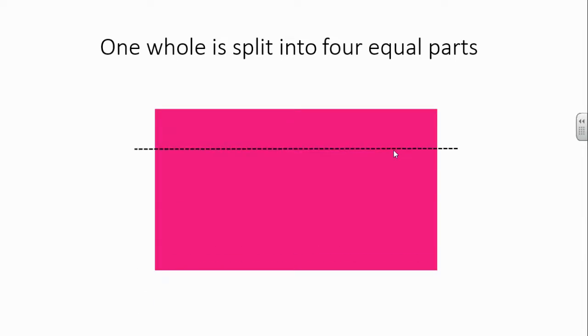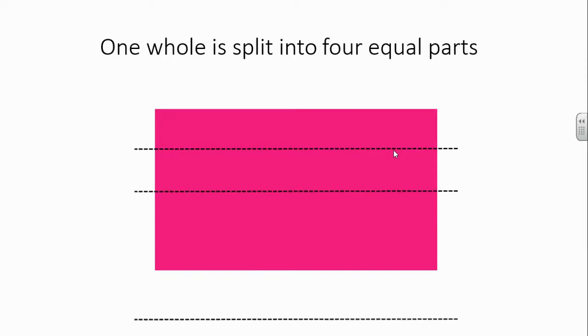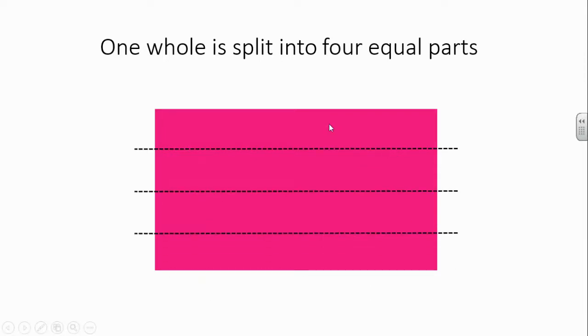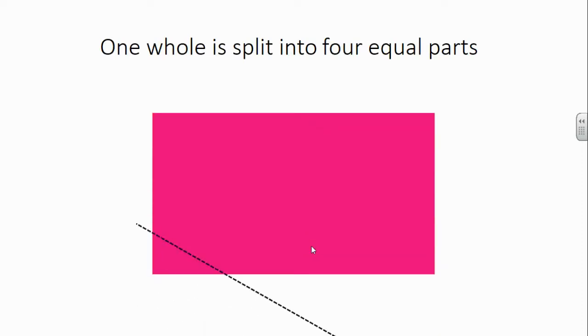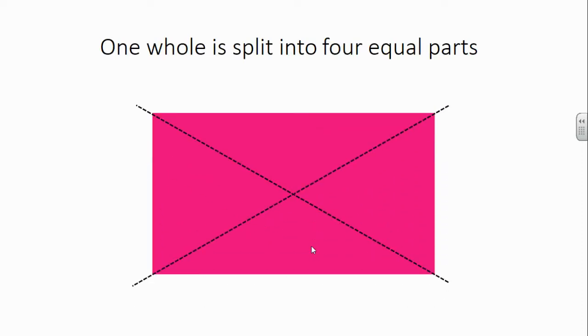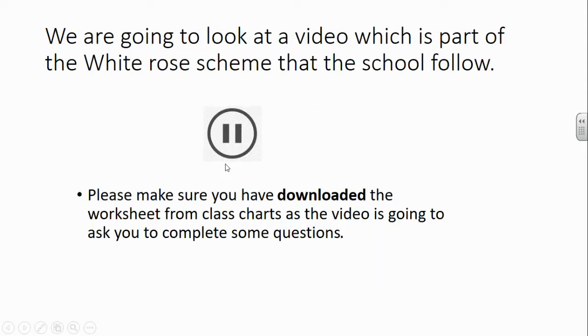This time round, I'm drawing it horizontally. I'm going to check if we've got 4 equal parts. 1, 2, 3, 4. Yes, we've got 4 equal parts. And finally, I draw it diagonally. Have we got 4 equal parts? 1, 2, 3, 4. Yes, I've got 4 equal parts there.